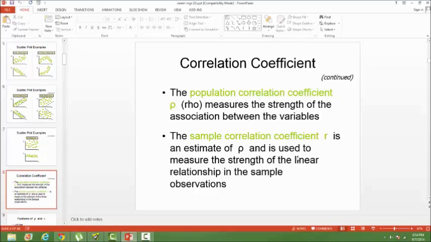Or did I say it the other way around? Sorry. The sample correlation is r, and the population correlation is rho. So it's the opposite. The population correlation is rho, and the sample correlation is r.